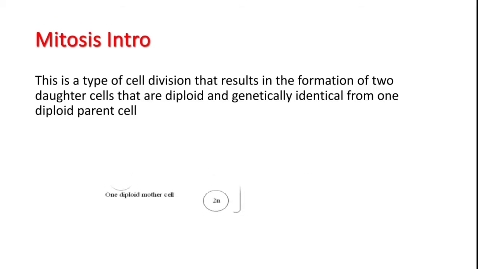So here's a diagrammatic representation of what we're talking about. As you can see, a single cell with a 2N inside, representing that it has the diploid number of chromosomes, is dividing into two new cells. And these new cells are the same as the parent cell, isn't it? So the two new cells are genetically identical, and they are diploid daughter cells.